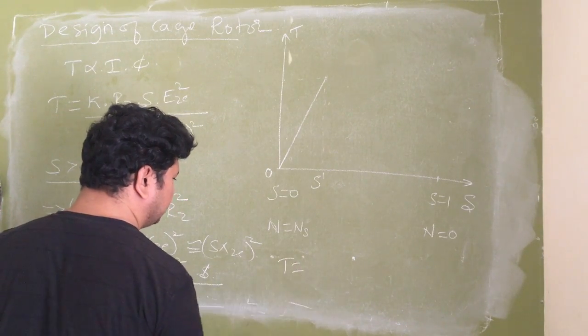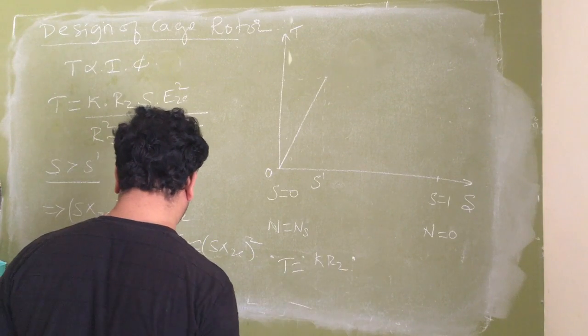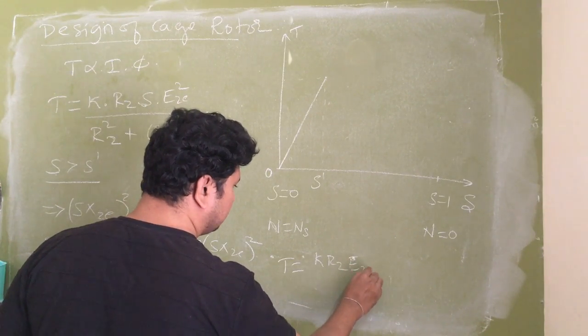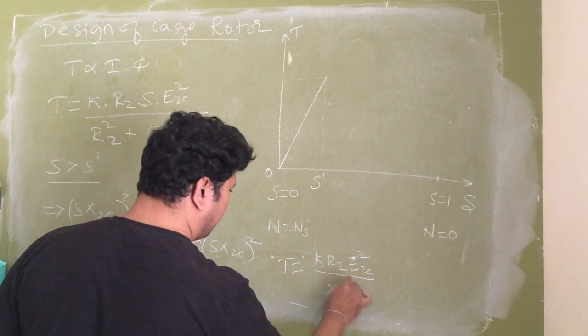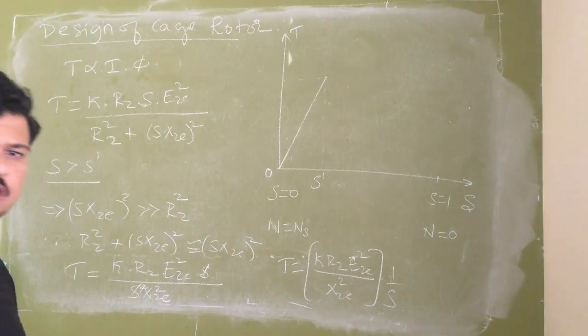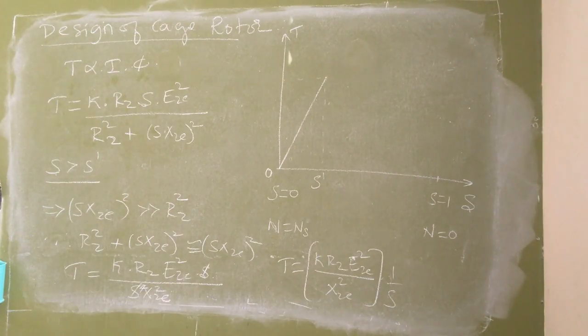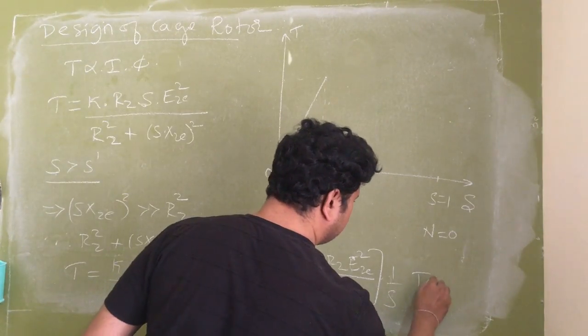Therefore T equals K R2 E2E square divided by X2E square into 1 over S. Again the terms inside the bracket remain constant and my torque will be inversely proportional to slip.